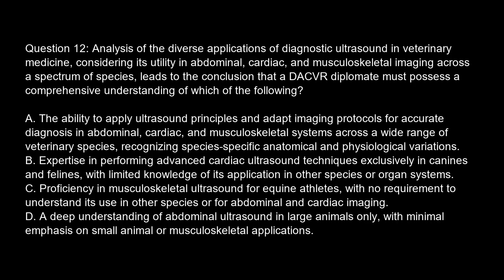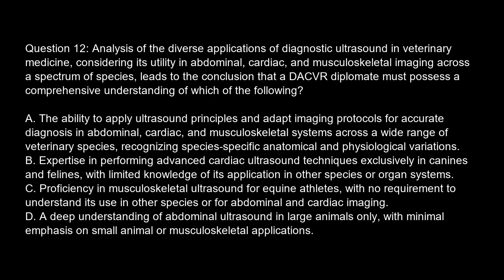The ability to apply ultrasound principles and adapt imaging protocols for accurate diagnosis in abdominal, cardiac, and musculoskeletal systems across a wide range of veterinary species, recognizing species-specific anatomical and physiological variations. Option B. Expertise in performing advanced cardiac ultrasound techniques exclusively in canines and felines, with limited knowledge of its application in other species or organ systems.